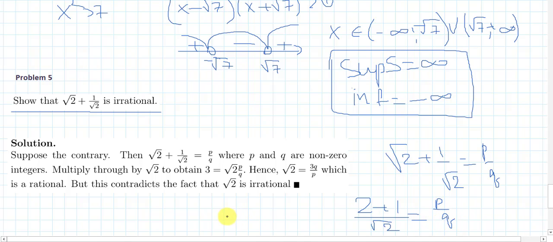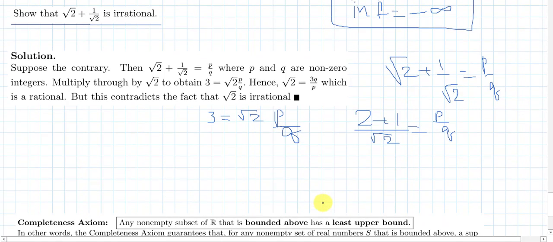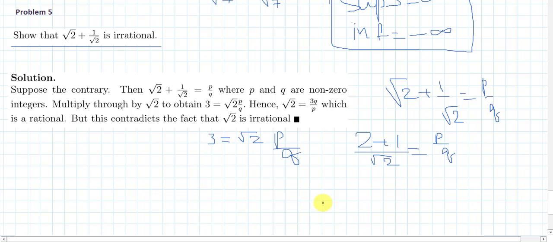Hence, we have 3 equal to square root of 2 p over q. And now, hence we have square root of 2 is 3q over p, which is rational.